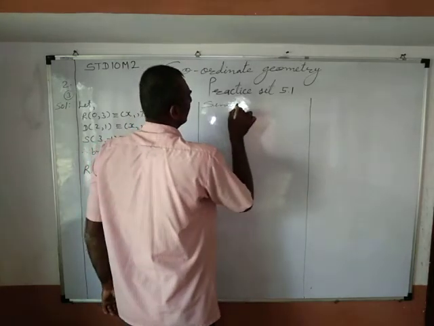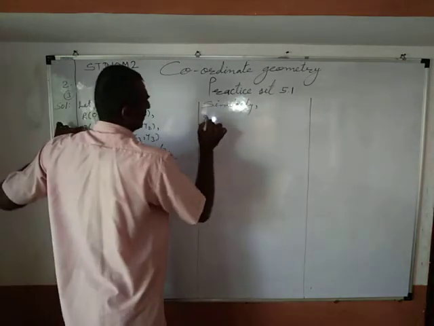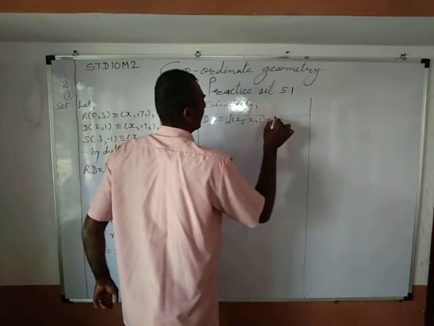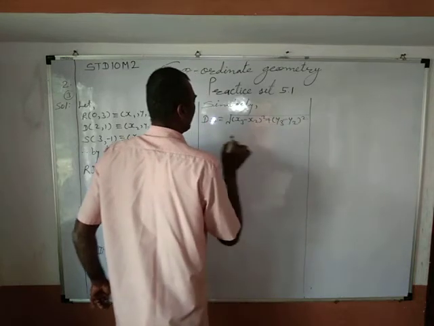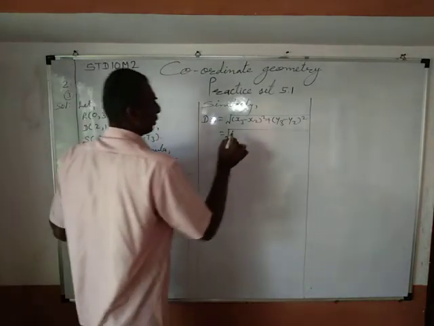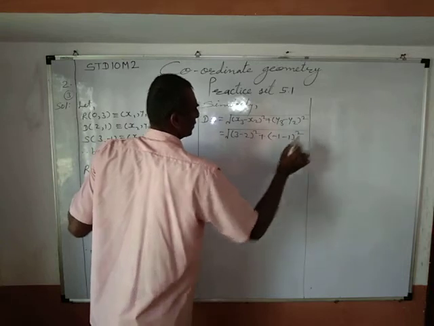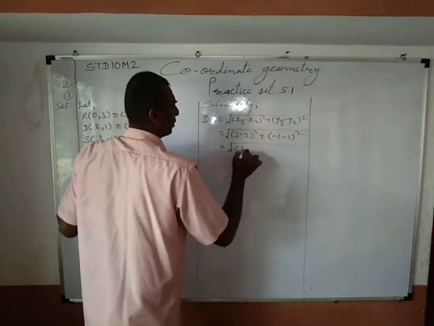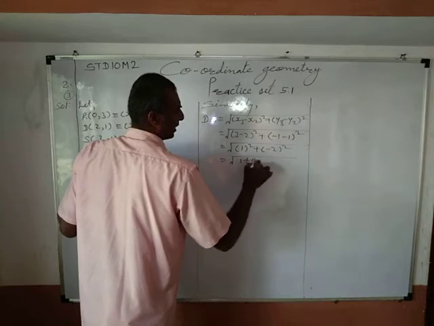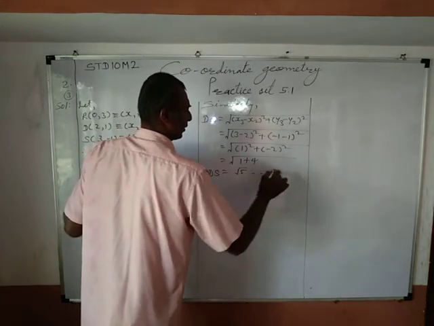Similarly, DS equals under root (x3 minus x2) whole square plus (y3 minus y2) whole square, equals under root (3 minus 2) square plus (minus 1 minus 1) square... equals under root 1 square plus minus 2 square equals 1 plus 4 equals root 5. Therefore, DS equals root 5, equation second.